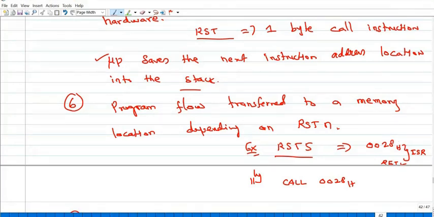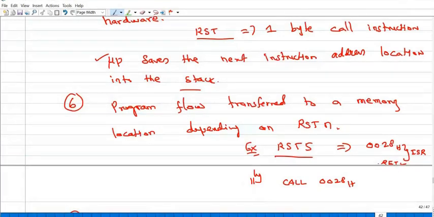Then it will execute the instructions from this memory location onwards. And finally, we have to enable the interrupt once again, because once the microprocessor recognizes an interrupt, it disables the interrupt flip-flop for the servicing of the presently received interrupt request. So we have to enable the interrupt again and then use the return instruction.